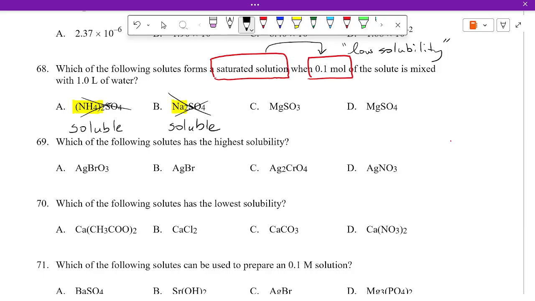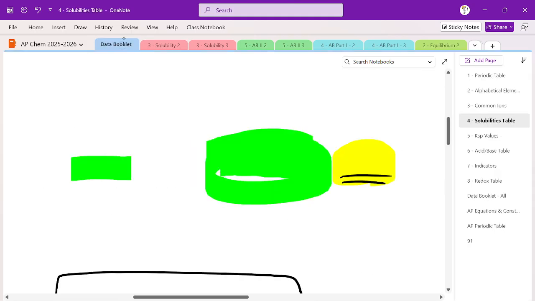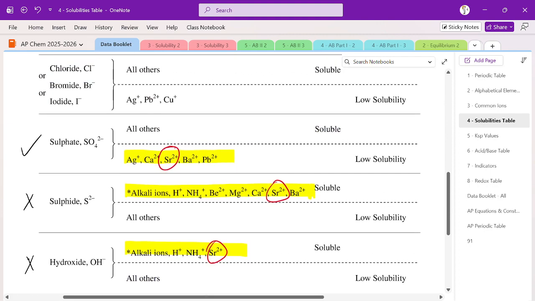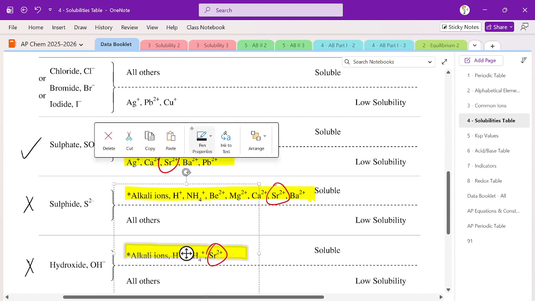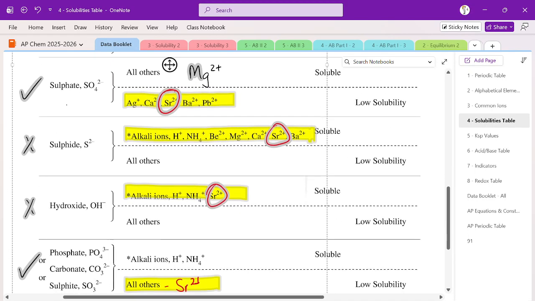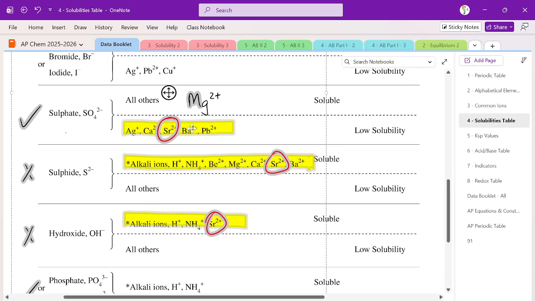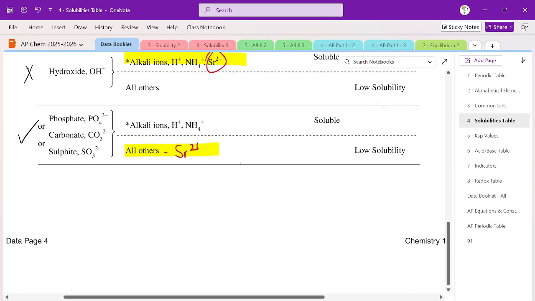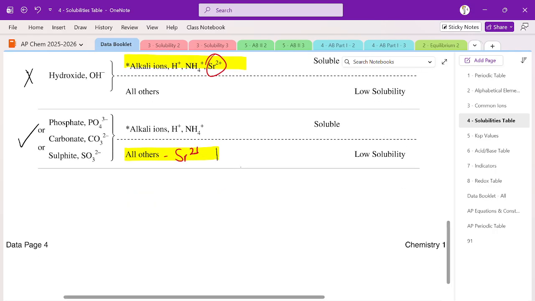I'm going to guess it's magnesium sulfite because sulfites are low solubility with just about everything, but let's double check. Sulfate, magnesium is soluble, so it's not that one because it would not be saturated at 0.1 molar. It would be unsaturated at 0.1 molar. And then sulfite, yes, magnesium 2 plus would qualify. Is that good? Okay.